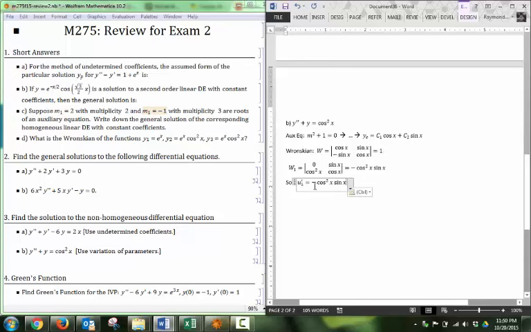So I think I would just do a u substitution, let u equal cosine x, and du is going to be negative sine x, so that's going to cancel a negative sign. I'm doing this so I can find out what u is actually equal to.